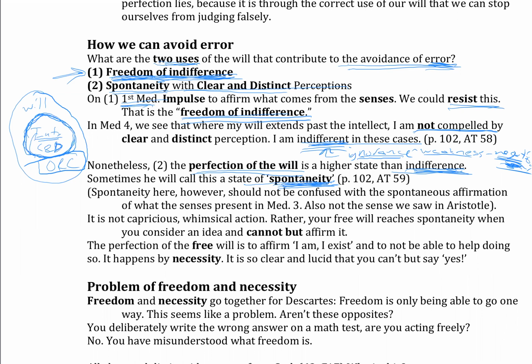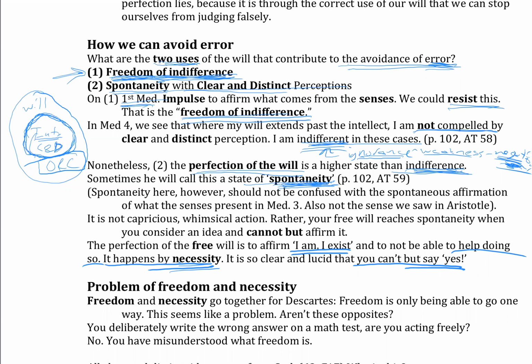So the perfection of the free will is to affirm I am, I exist, and not be able to help doing so. It happens by necessity. It's so clear and lucid, I am, I exist, that you cannot but say yes. You have to affirm I am, I exist when you understand the idea. You can't help but do so.